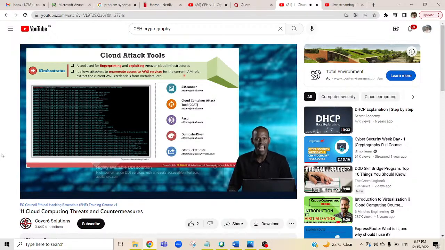Get that IAM, that identity role, extract credentials, metadata, usernames, location, information about businesses and details and so on like that. Nimbostratus does that. But there are other tools that can be used to attack the cloud, including S3 Scanner, CCCat, which is a cloud container attack tool, Pacu and Dumpster Diver, and so many others. And this is just a partial list.